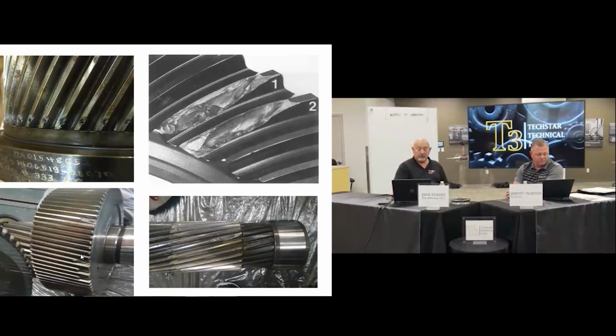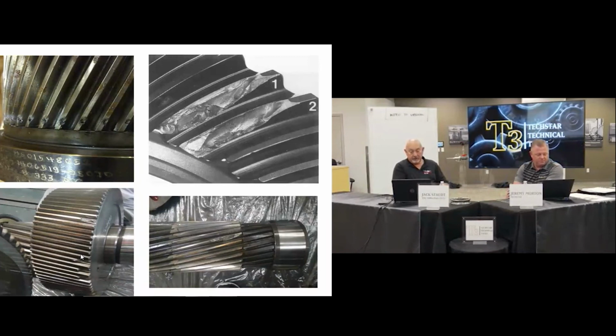Here are some gear teeth failures. You can see one in the top left, they were having some type of arcing issue. It might have been that when this was running they were welding somewhere and it was welding through it, so it was making contact through. The top right would be some type of fatigue caused by lack of lubrication.